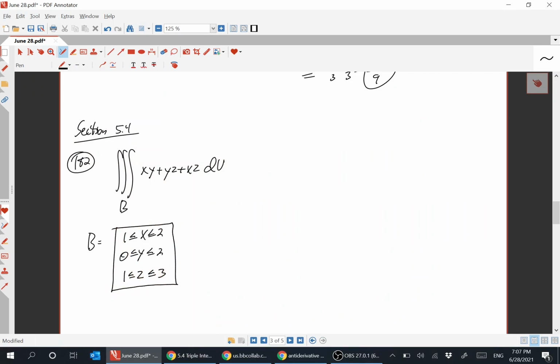So it's truly a box in which the boundaries for x, y, and z are all just constants.